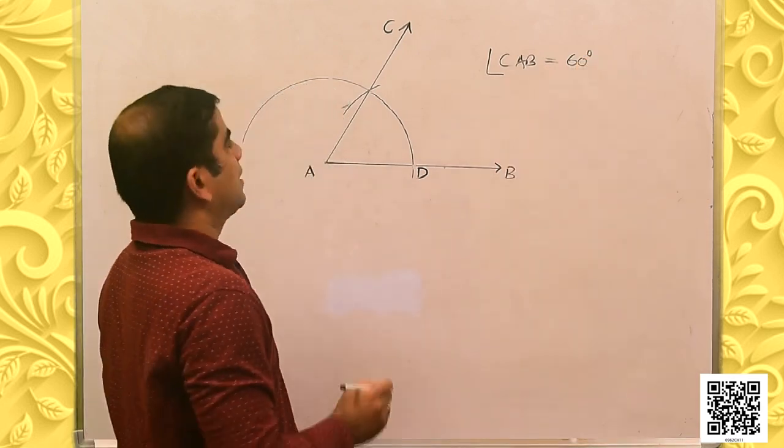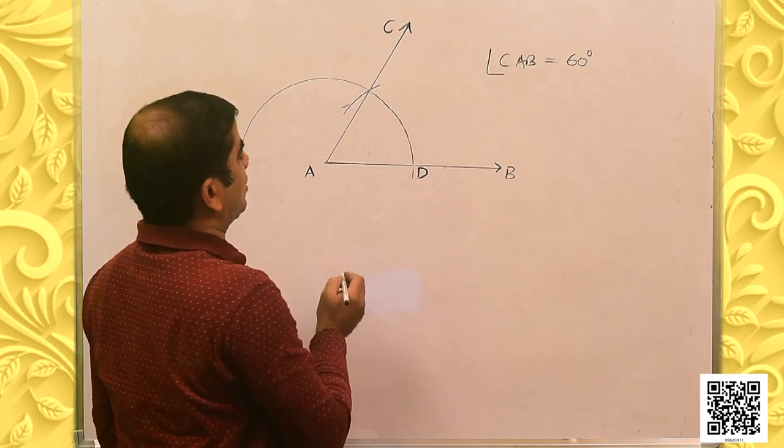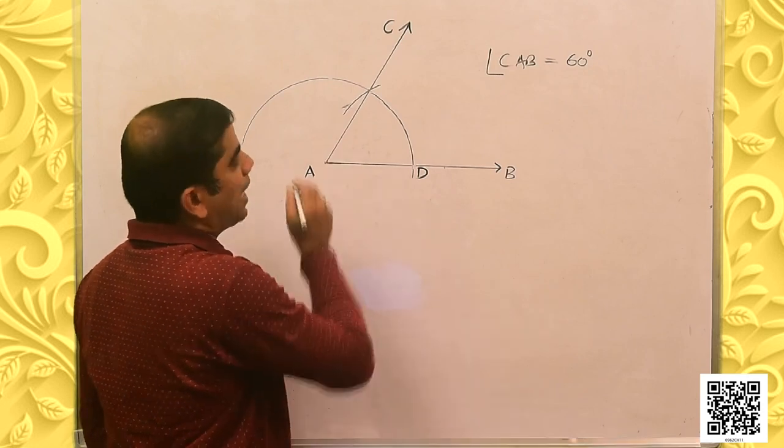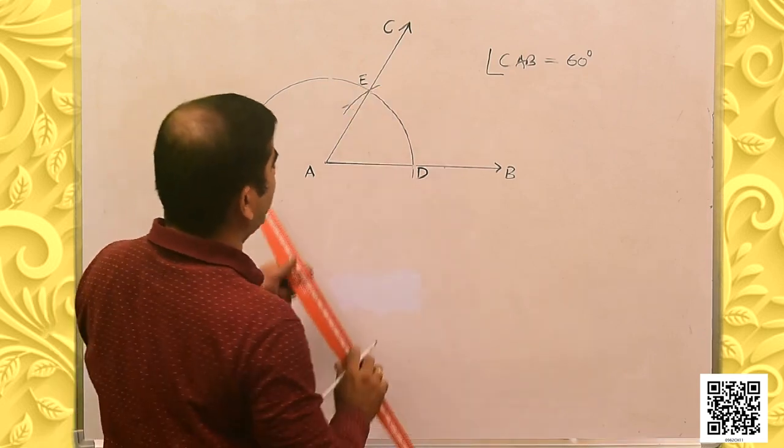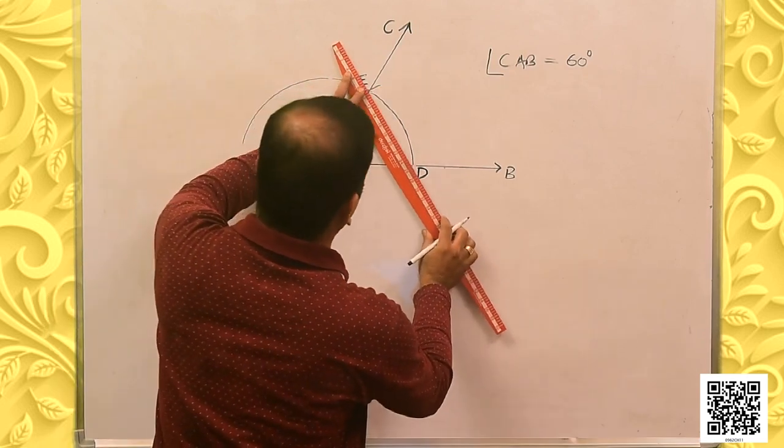Let us now name the point of intersection of ray AC with the arc as E. And now let us join point E and point D.